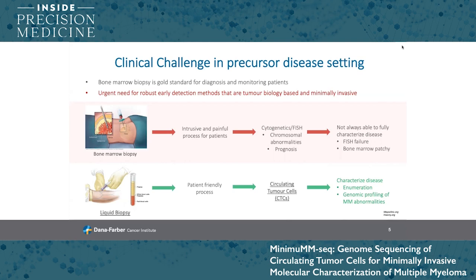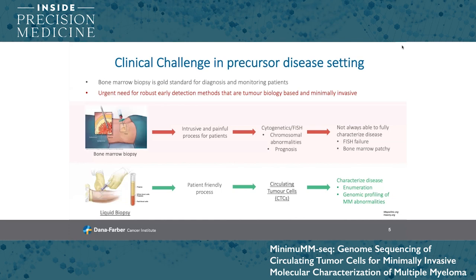However, bone marrow is not always able to fully characterize a disease, and this can be due to a number of reasons, such as FISH failure, when there are insufficient plasma cells for the FISH test, and furthermore spatial heterogeneity, where bone marrow may be patchy, so the biopsy doesn't collect and represent all the tumor cells that are actually present.